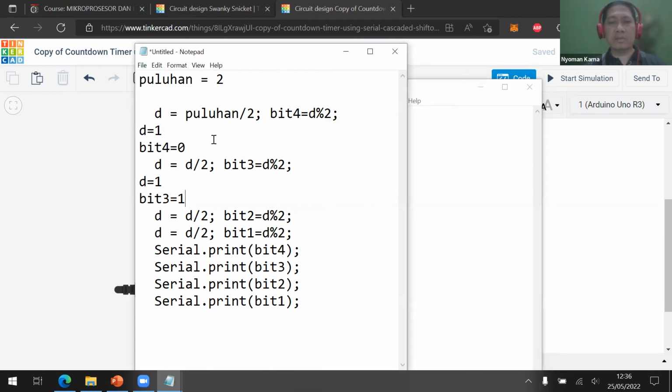Puluhan is 2. So 2 divided by 2 is 1, and the remainder of 2 divided by 2 is 0. And then 1.